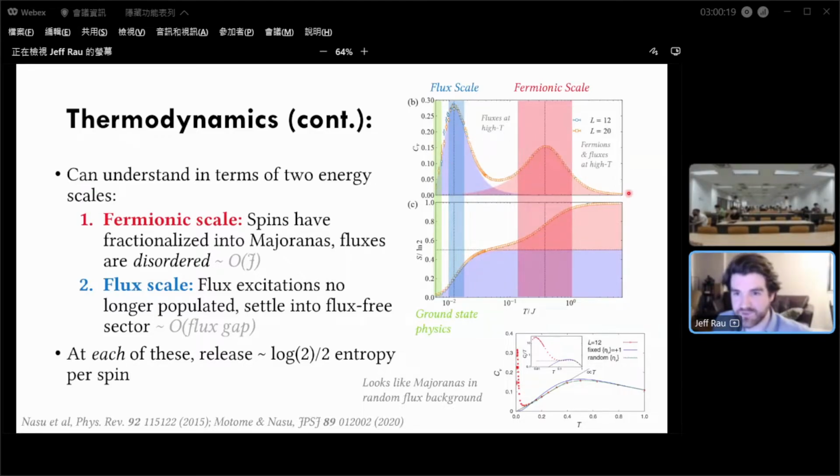At high temperature, we just have a normal paramagnet. As we come through this first hump, this first energy scale, the spins will fractionalize into these Majorana fermions, but we'll be at high enough temperature that the flux, the gauge field, is disordered. Okay. As we go lower, the fluxes order and release additional entropy, and then all you have left is the excitations of this flux-free sector. And so at each of these, you expect a release of half the entropy, which is what you see when you look at this plateau structure.